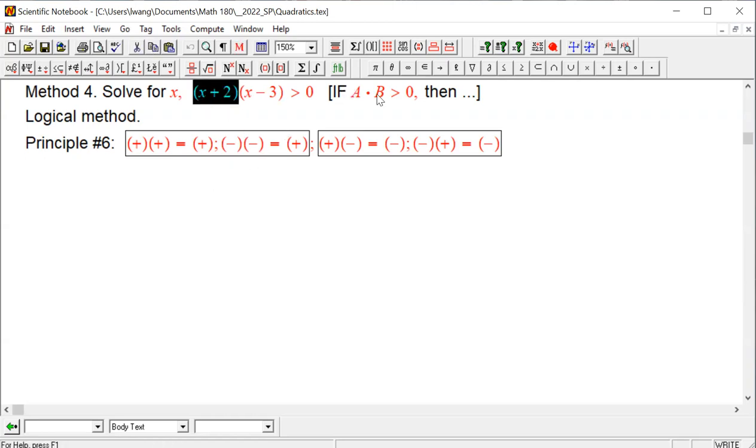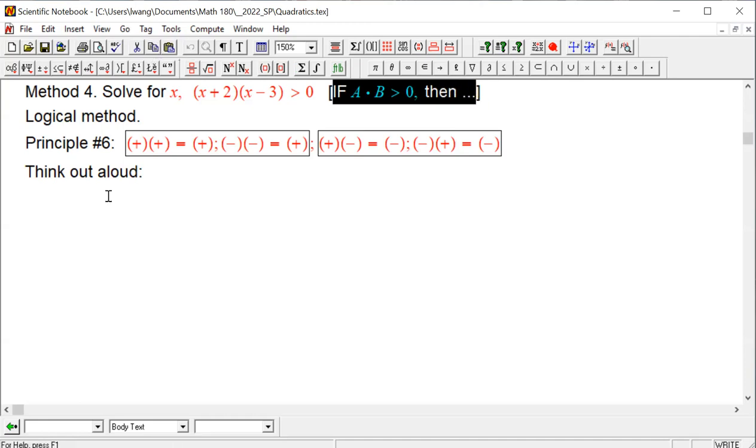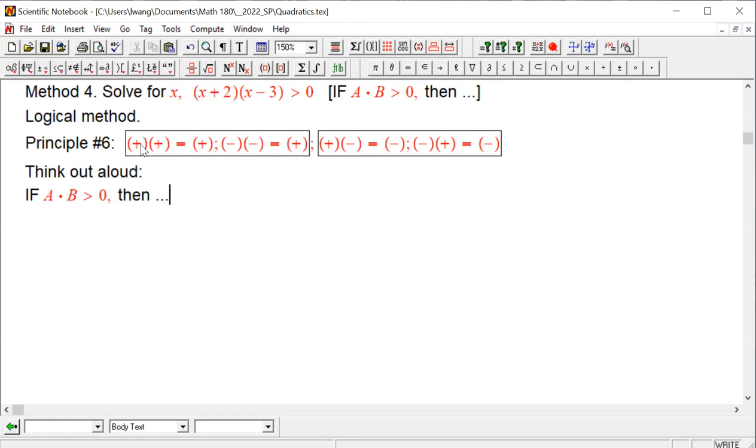If A times B is positive, let me write it as thinking out loud. If the product is positive, there are only two cases: either both are positive or both negative. So the "then" comes into two cases.